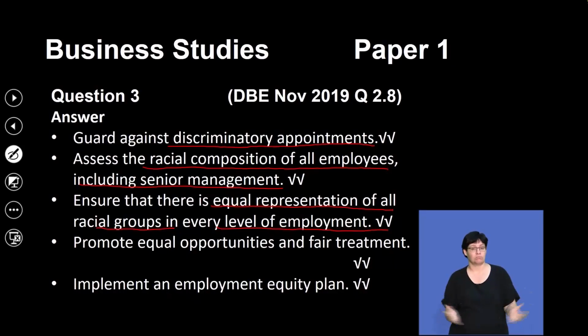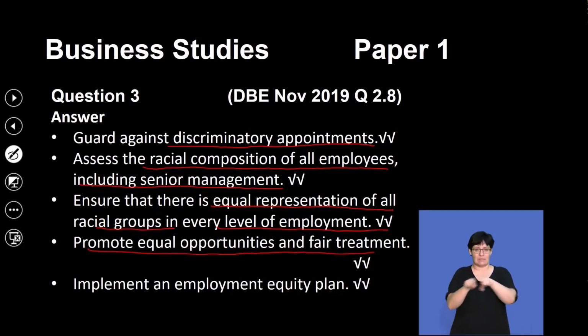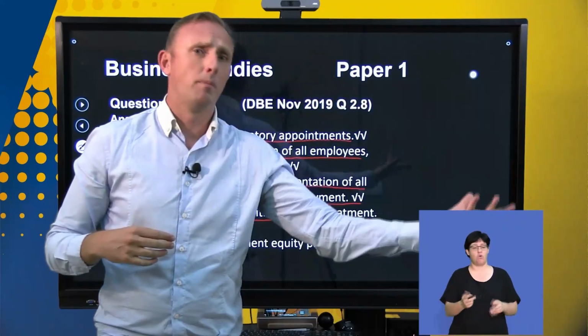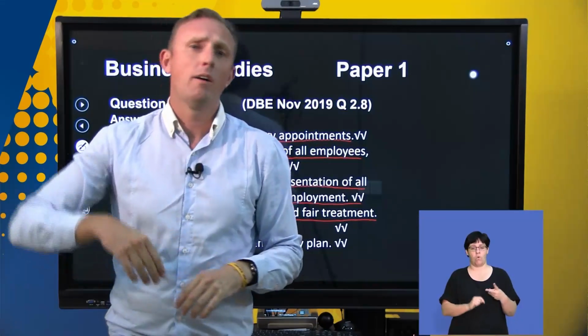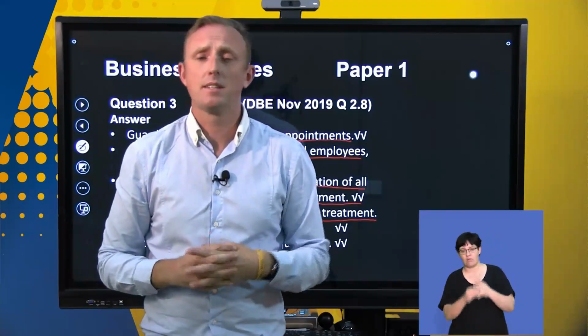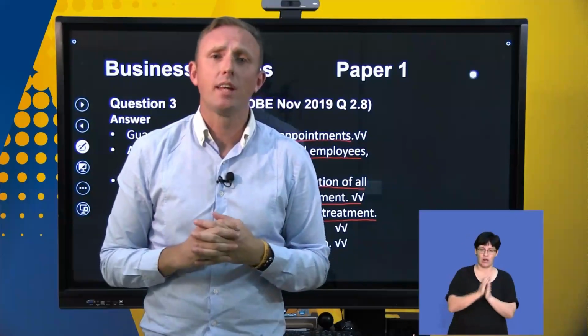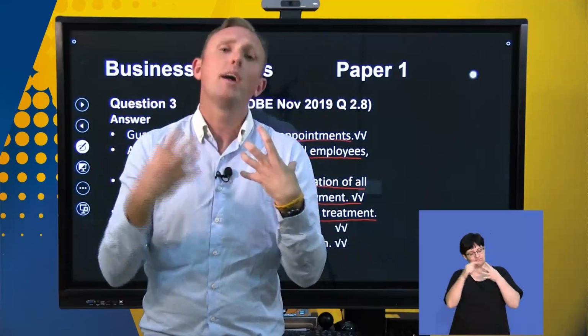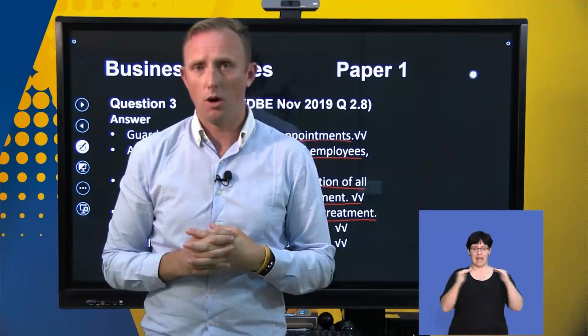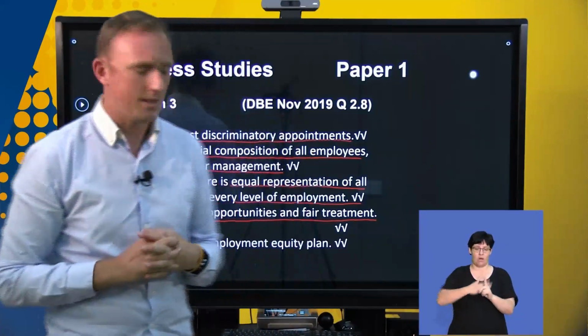It has to promote equal opportunities and fair treatment for everyone, no matter what racial group they are, their marital status, if they have disabilities, or what religion they follow. Everyone has a fair and equal opportunity in the workplace under this Act.